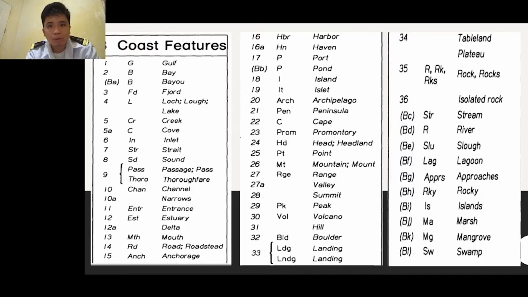So it's good that you familiarize yourself with and understand these things so that it will be easy for you to make a passage plan, and so that you will be more knowledgeable when facing nautical charts.